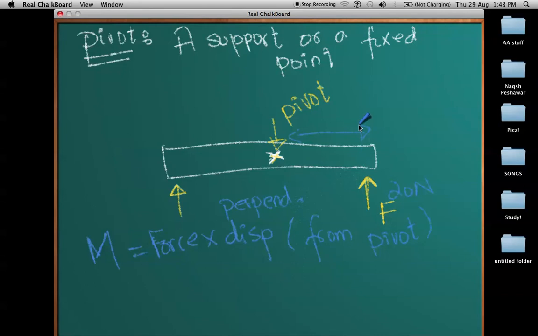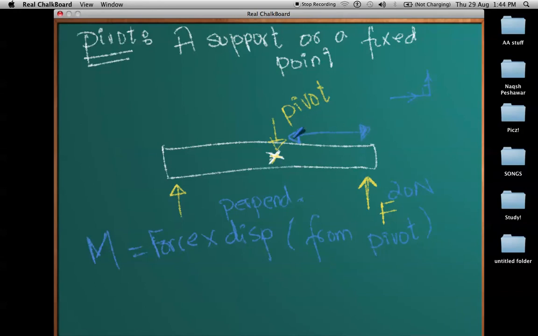we would consider this distance from the pivot, this horizontal distance, because this is making a 90-degree angle with the force, and therefore this is the force and this is the distance, therefore these two are perpendicular. I hope you know what perpendicular is.